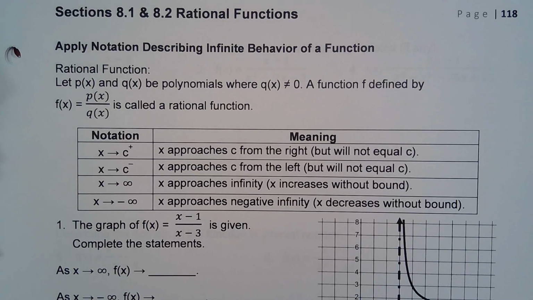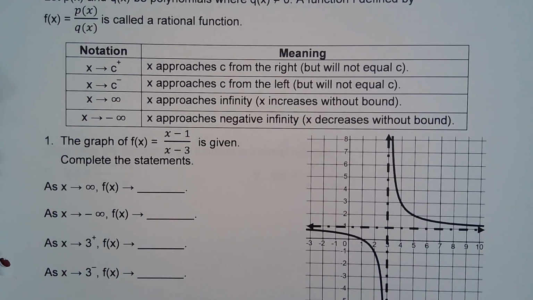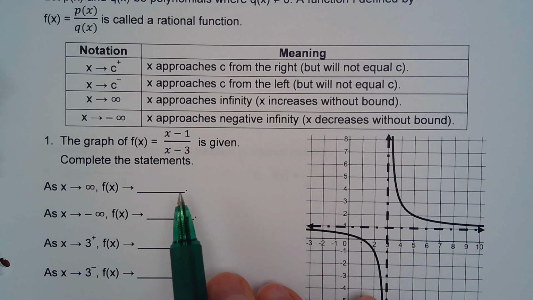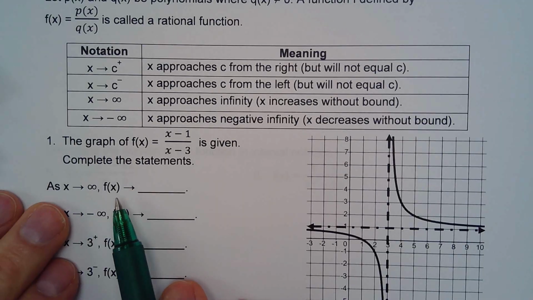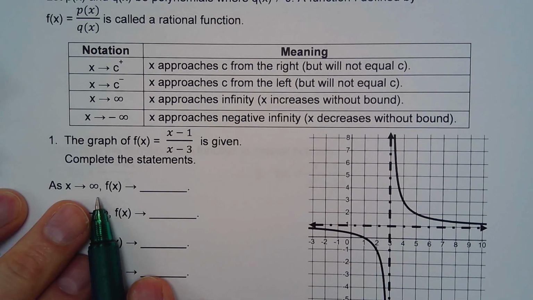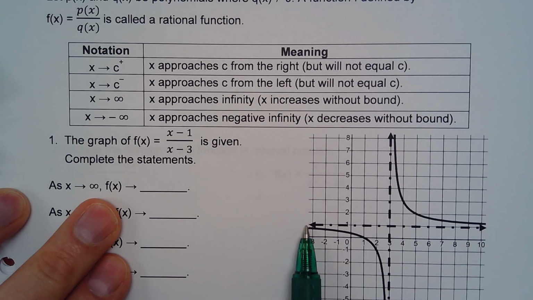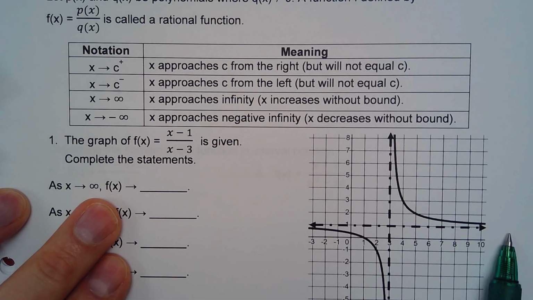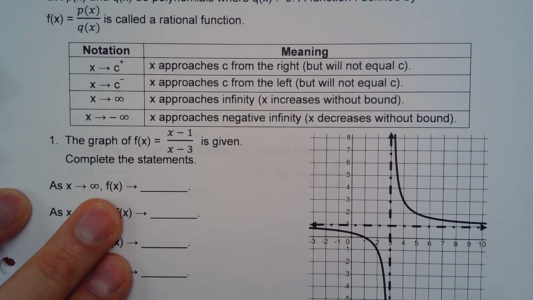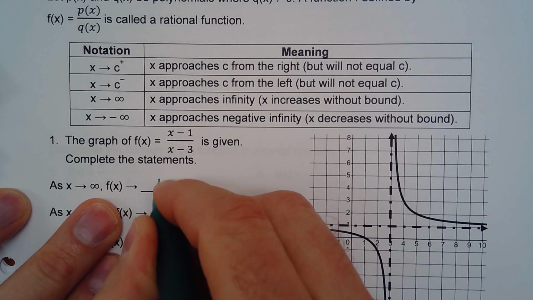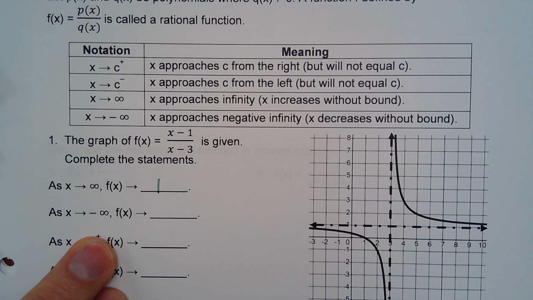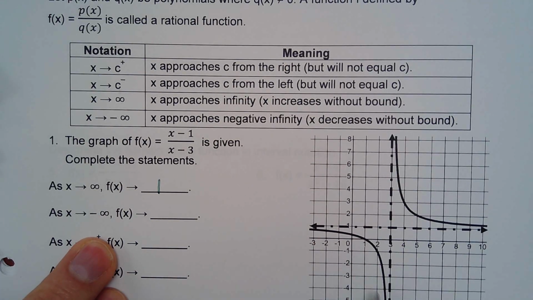So let's look at an example. The graph of f of x equals x minus 1 over x minus 3 is given. We want to complete the statements. As x approaches infinity, we'll notice my y value approaches the line y equals 1. As x approaches negative infinity, same thing happens here.